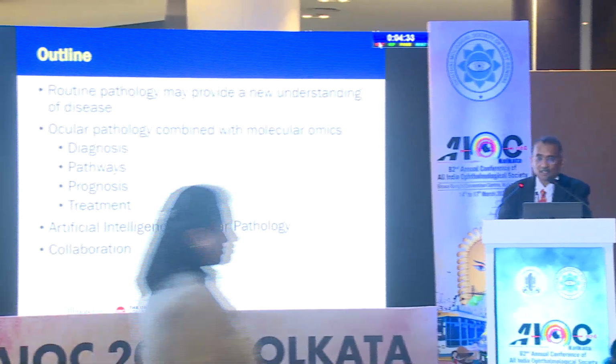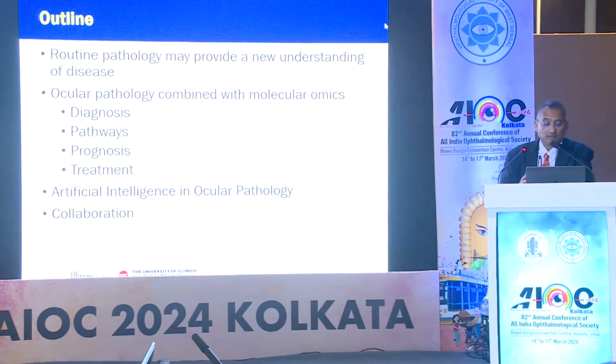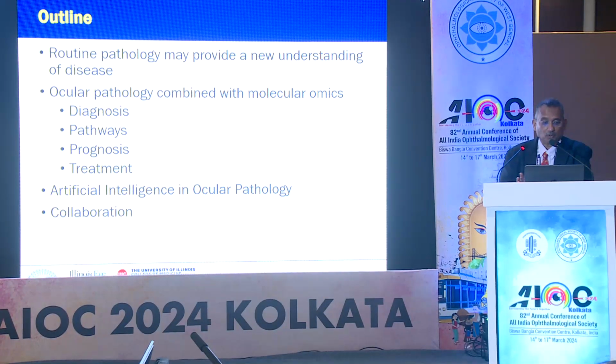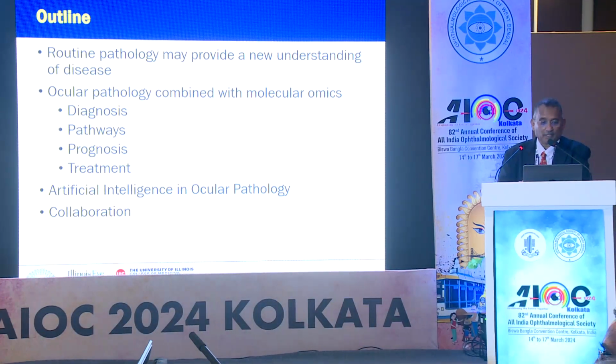So what I want to do today is give you some updates and also point out that routine pathology may provide a new understanding of disease. Then we'll talk about how ocular pathology combined with molecular omics has revolutionized diagnosis, pathways, prognosis, and treatment, how pathologists, and ophthalmic pathologists, are playing a role in that.